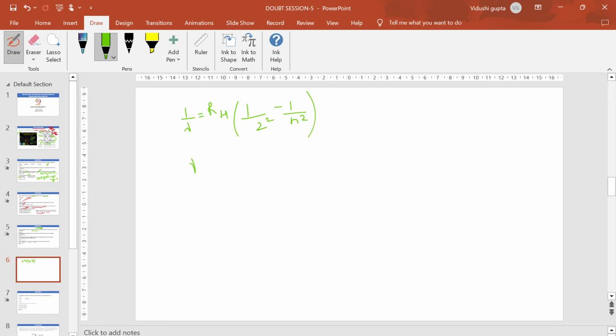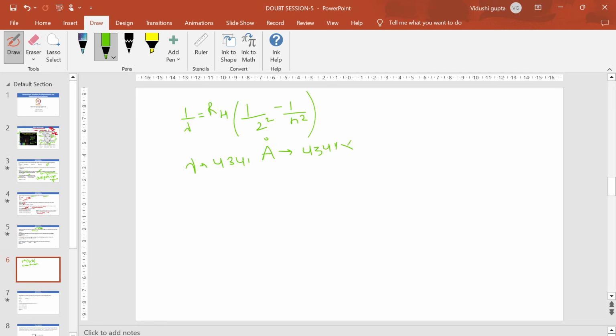So you know wavelength is given, it is 4341 angstrom. So we will convert this angstrom into centimeter.